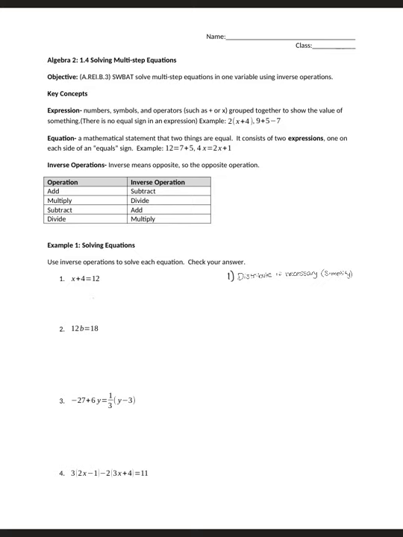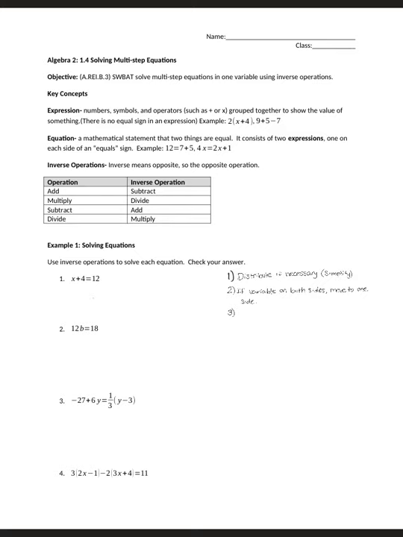The next thing we want to do is, if there's a variable on both sides, you want to move it to one side. Okay, and I'll show you what I mean with that in just a second. After you've done those two things, then we come to the inverse operation.